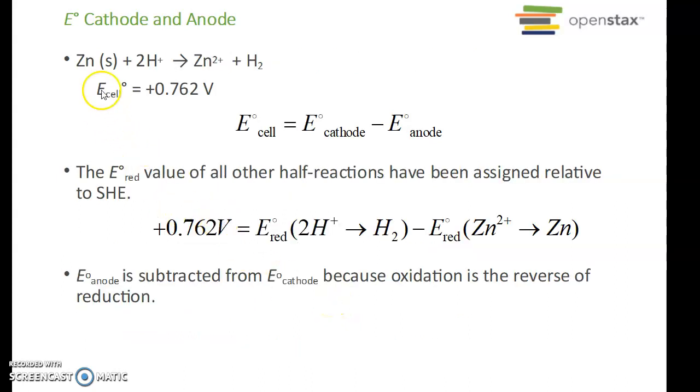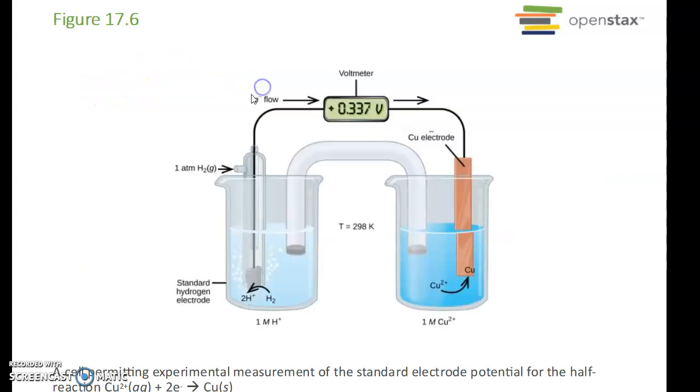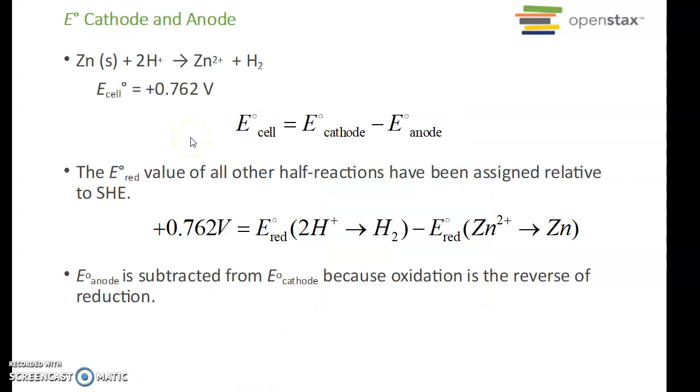So zinc plus hydrogen ion going through zinc 2+ and hydrogen gas is plus 0.762 volts. The energy of the half reactions has been assigned relative values. So this right here is the overall.